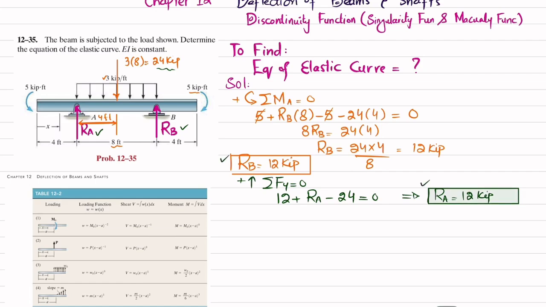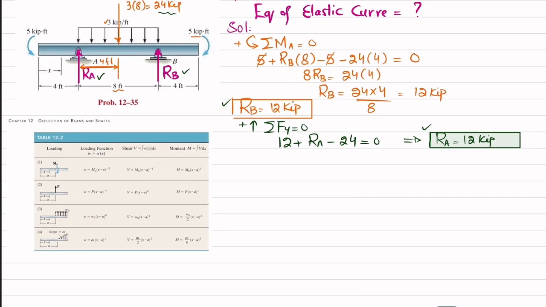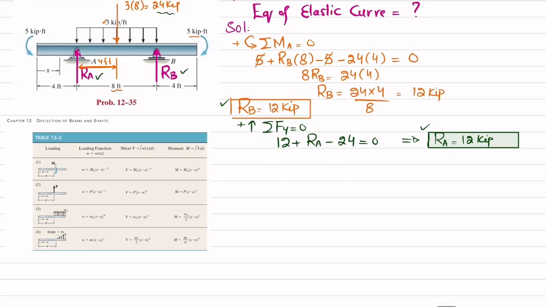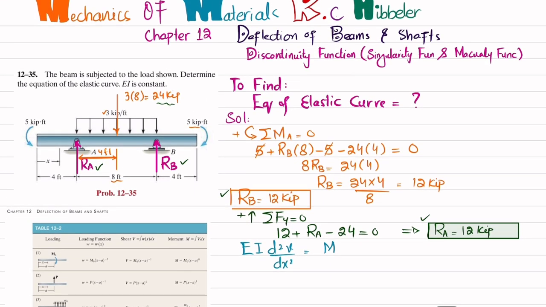So we will move to find the equation of elastic curve, that can be obtained by using the equation EI into d square v over dx square is equal to moment. We will find this moment by using Macaulay's method or Macaulay's functions.